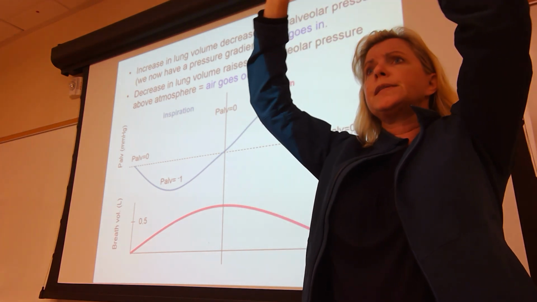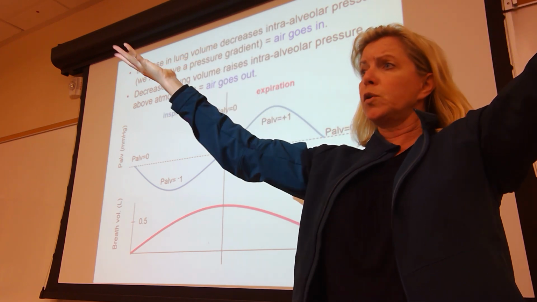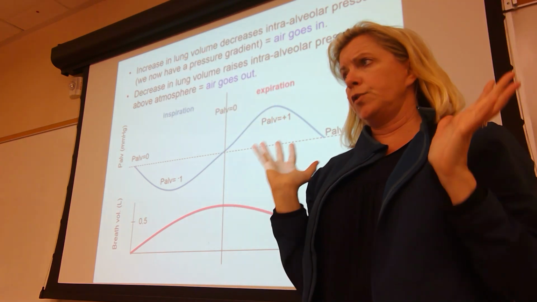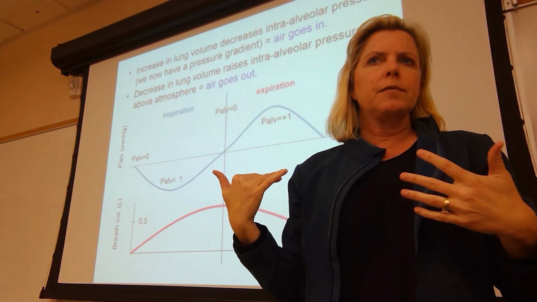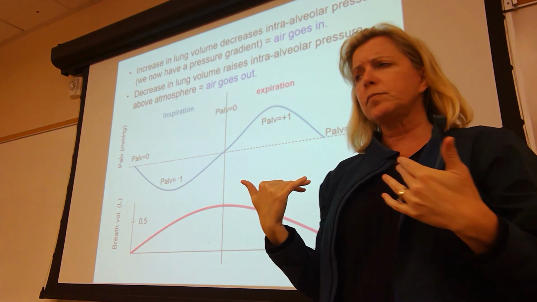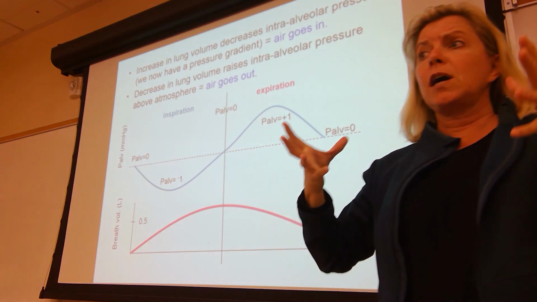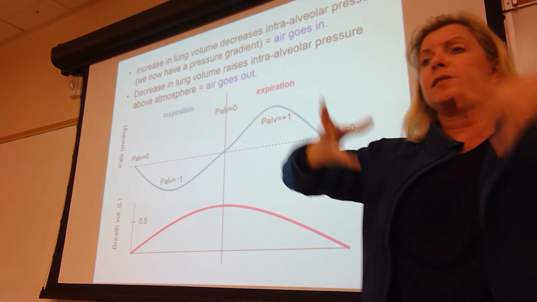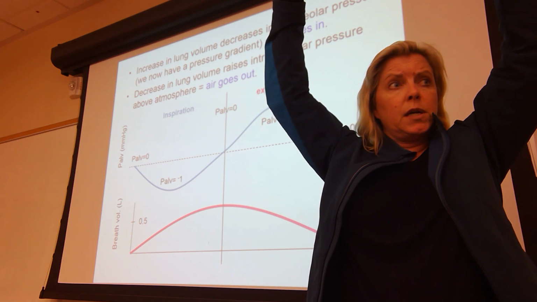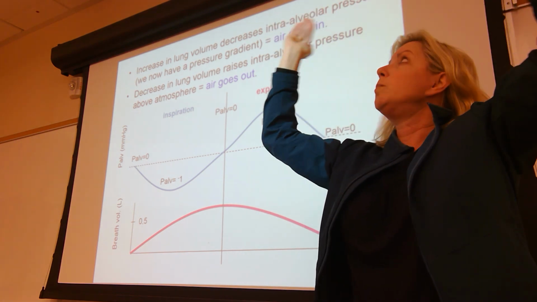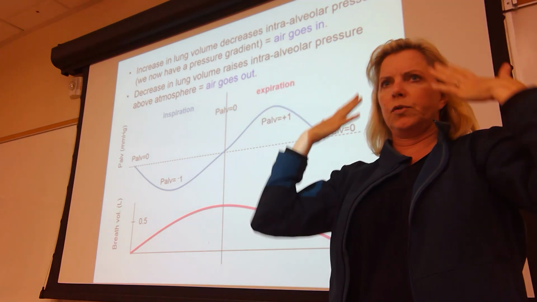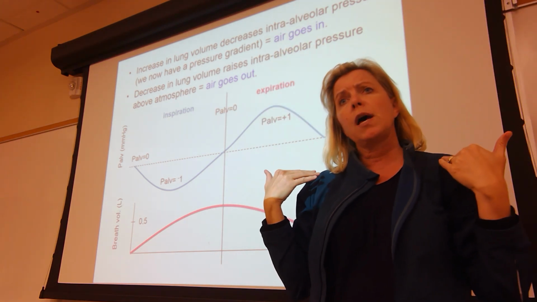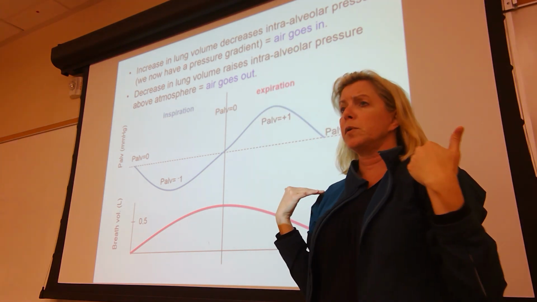Atmospheric pressure is the pressure of the air around you weighing on your shoulders, weighing on your body. We are at sea level approximately, and that means we have a column of air that is extending into the atmosphere. And this column of air that's about a meter in diameter around your person weighs on your shoulders at a pressure of 760 millimeters of mercury.